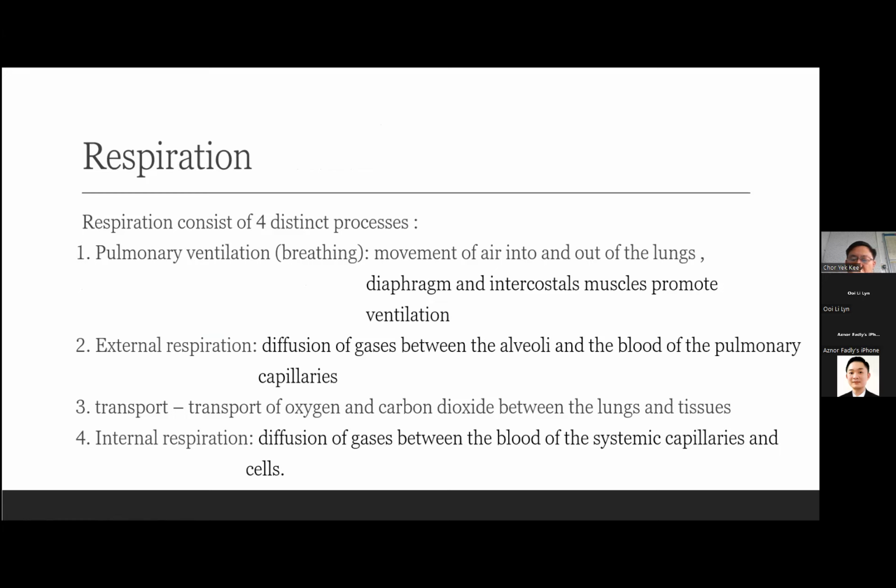External respiration consists of diffusion of gases between the alveoli and the pulmonary capillaries. Then we transport oxygen and carbon dioxide. And internal respiration is diffusion of gas between the pulmonary circulation and the tissues.